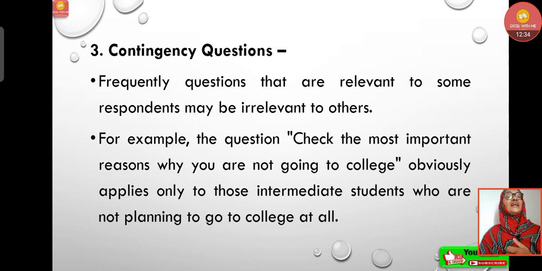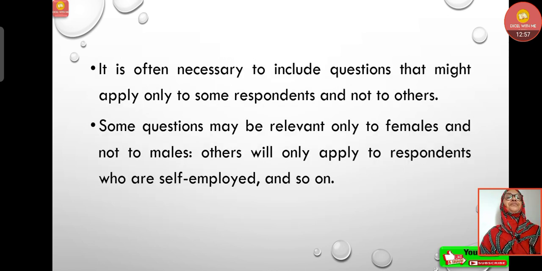The third one, contingency. Frequently, questions that are relevant to some respondents may be irrelevant to others. Obviously, if something is relevant to me, it doesn't mean that it is relevant to other people also. For example, the question, check the most important reasons why you are not going to college, obviously applies only to those intermediate students who are not planning to go to college at all.